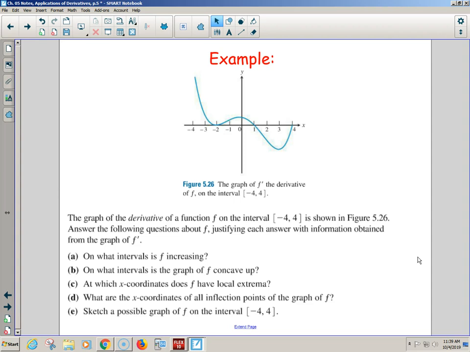What are the x coordinates of all inflection points of the graph of f prime? That's when f triple prime equals 0.